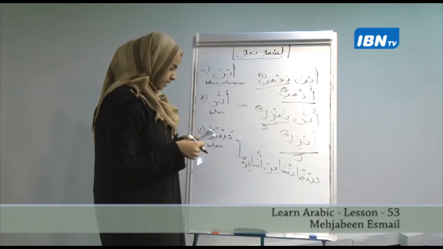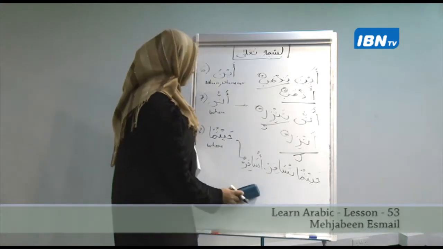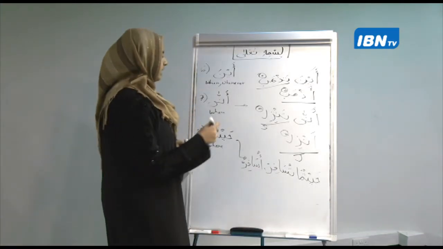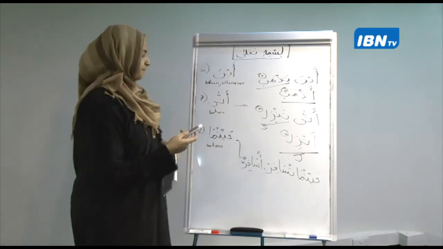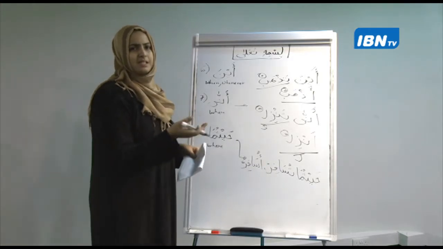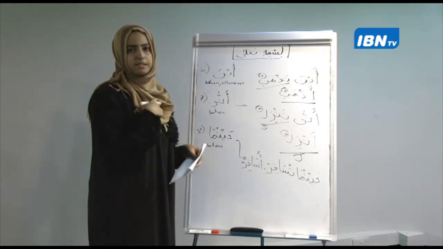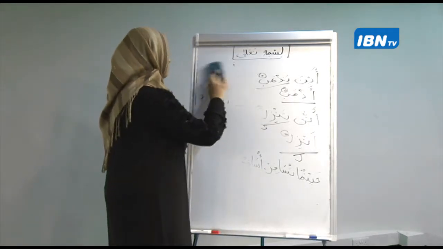Okay, now two last examples and we sum up our class for today. So we have aina, when, whenever, anna, where, haythuma, where. Again, you can also make your own sentences. Don't just limit yourself to the examples I'm giving you, and you can also converse.